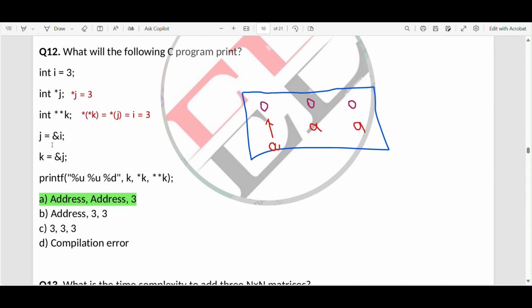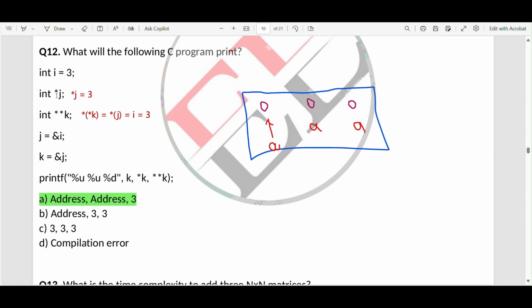Means variable j is a hexadecimal form variable. And likewise k also, k equals ampersand j. That means k is equal to the address of j. j is also a variable, but it is a hexadecimal variable. So that address of that hexadecimal variable is stored in the variable k.